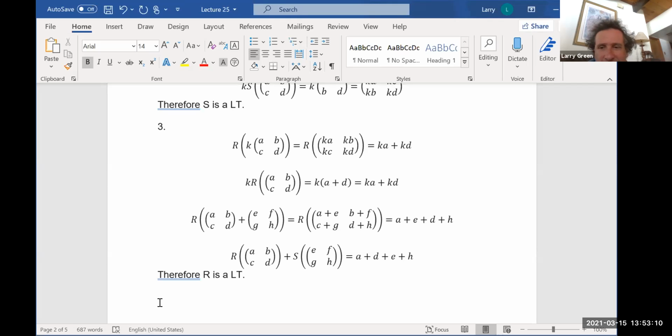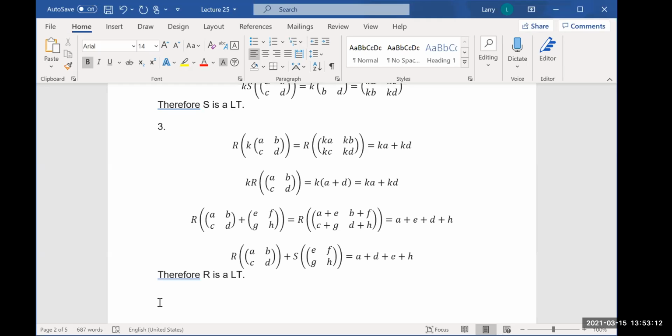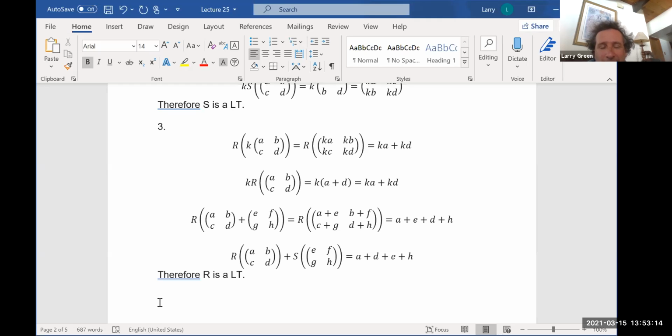Not because 2 by 2s are special. They're just especially easy to type. I could do 100 by 100, but I'd be here all day typing, because that's 10,000 entries. No thanks. But the trace and the transpose are linear transformations for any n by n matrix.